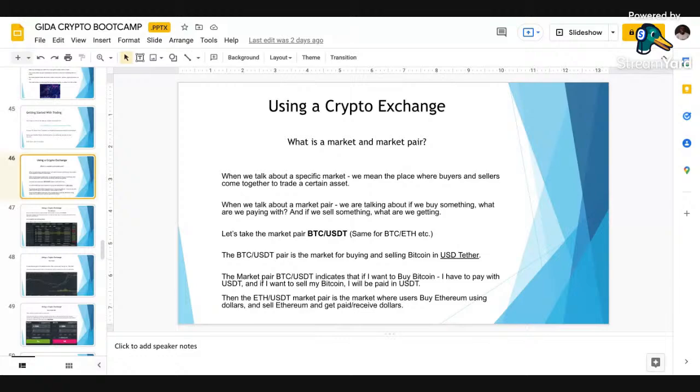Do you understand? So let's bring it down to crypto. Let's take the market pair BTC/USDT. The BTC/USDT market pair means that you can buy Bitcoin with your USDT, that is your US dollar, and the same way you can sell your Bitcoin for US dollar.